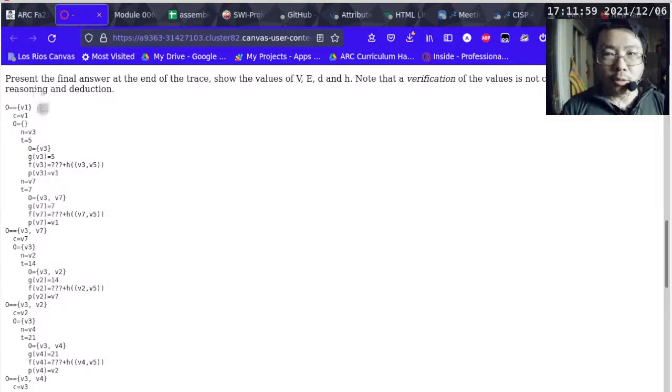So you're looking at a trace of running the algorithm on a specific graph. I'm not giving you the graph. So your job is to recreate the graph and also the values of the various things that you need to figure out in the graph, such as the distances of the edges, the connectivity between the vertices, and in this case, possibly the heuristic value.